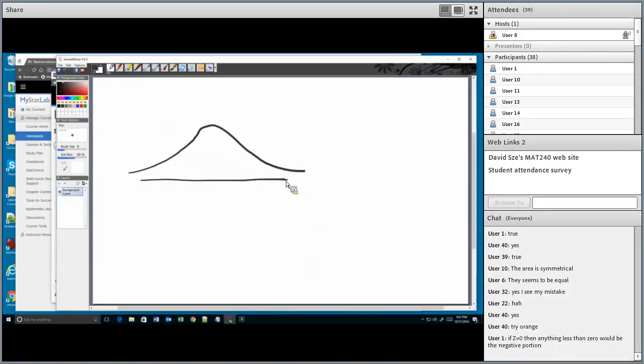Okay, so here's the normal distribution. Center is 0. Here's something I want to talk about. Say we have a value here, and maybe this is 2.